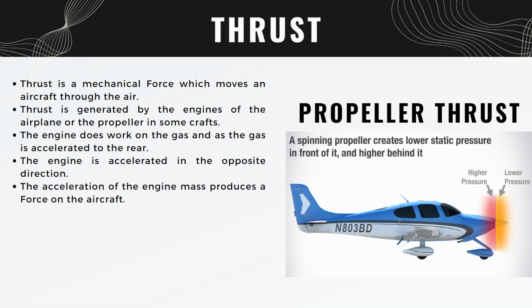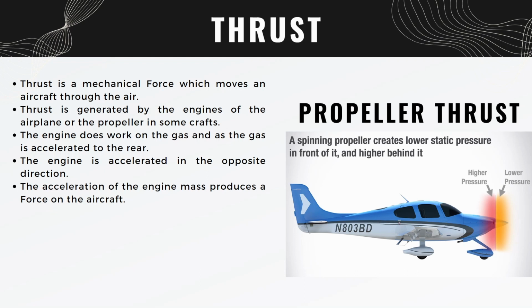If you have ever seen a rocket flying above, then the gas burns and expands in the downwards direction in that case, and as a reaction of that force that the gas is applying in the downwards direction, or in the case of an aircraft in the backwards direction, there's a reaction force generated in the forward direction, which is called thrust.